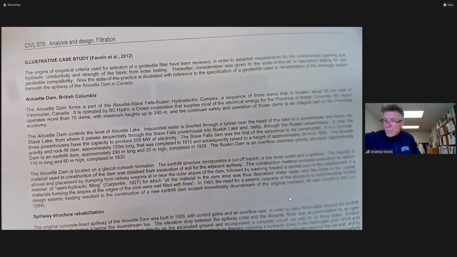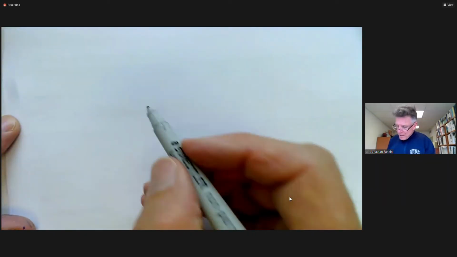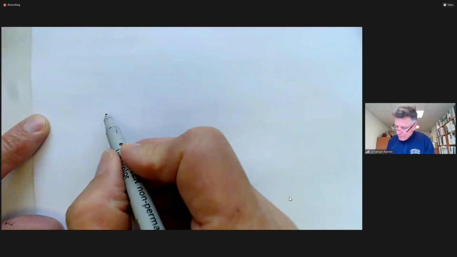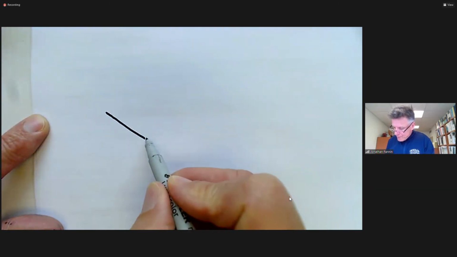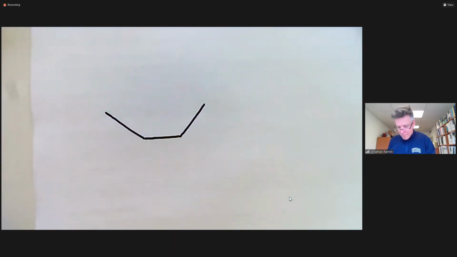Okay, so were I to sketch things, and I'll do it somewhat crudely, okay, but it gives us a sense of the problem at heart here. Let's take a look at the cross section of the spillway, sitting on the ground.